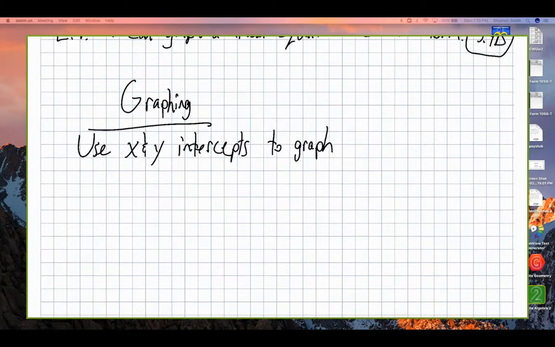Now remember, we're in standard form. That is ax plus by equals c. Let me pull up a couple examples here.